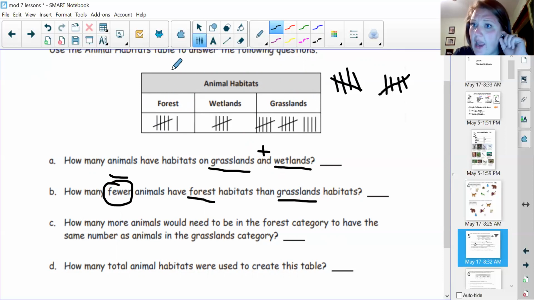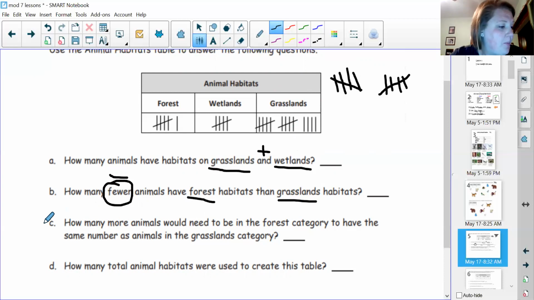Can I start my number sentence with the forest and then take away the grasslands? No, because look at which one has a greater amount, the grassland. So when you subtract, you always need to start with your larger number. They were trying to confuse you here by having the words in a different order, but remember, always start with your larger number.